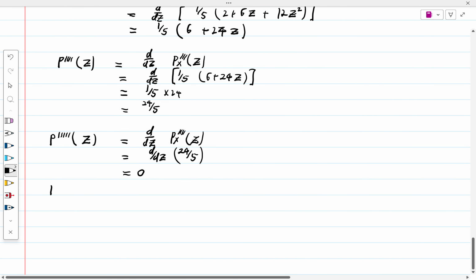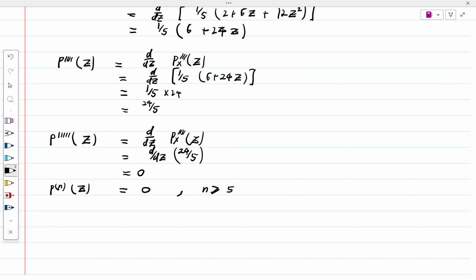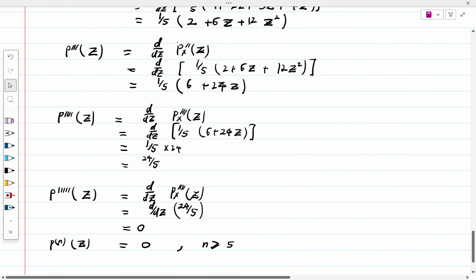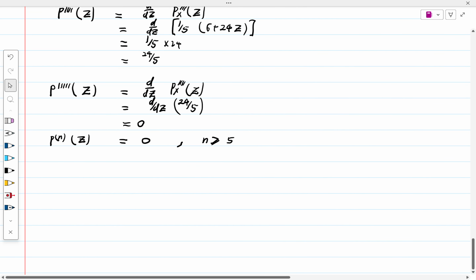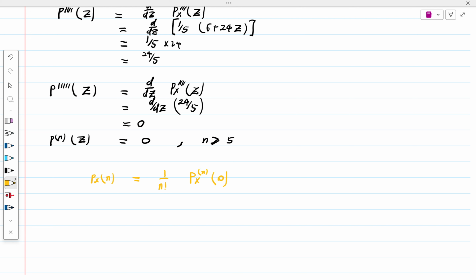And in fact, the nth derivative would equal 0 where n is greater than or equal to 5, because when we keep on differentiating 0, we end up with 0. So we've found our derivatives here. Using these derivatives, we can now find the probability mass function. Now recall that the probability mass function at n is 1 on n factorial times the nth derivative evaluated at 0.